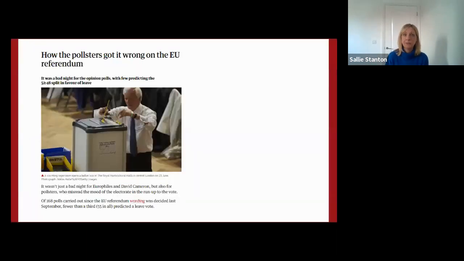For example, as we saw with the EU referendum, where the pollsters got it completely wrong. What I just mentioned was one of the reasons that pollsters sometimes get the results wrong: the inferences they make are incorrect.